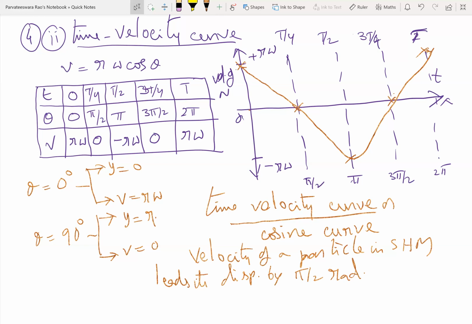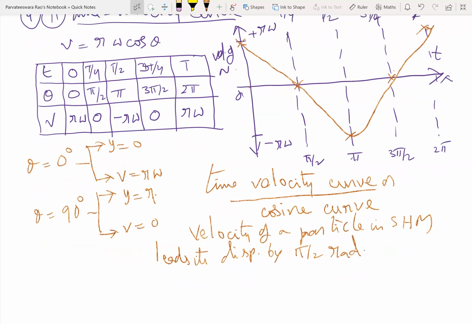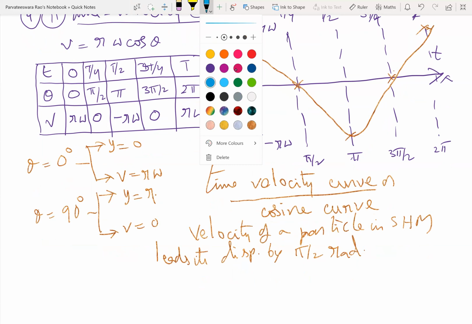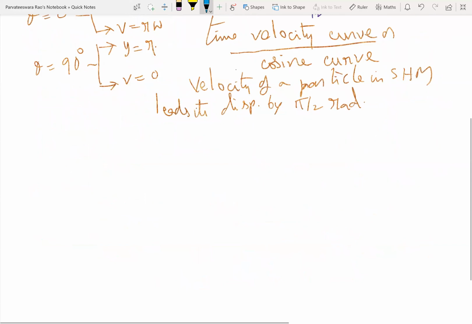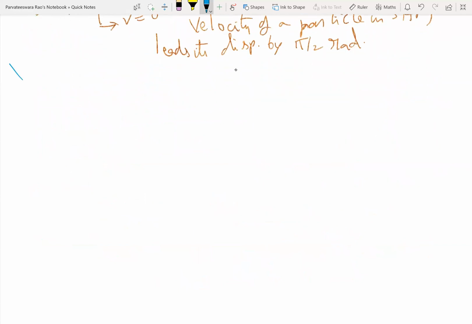The next one is 4-3, time acceleration curve.